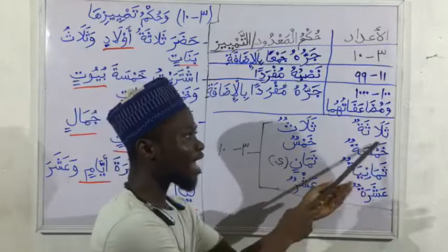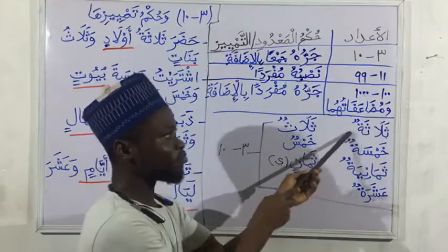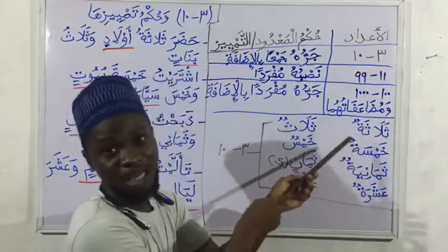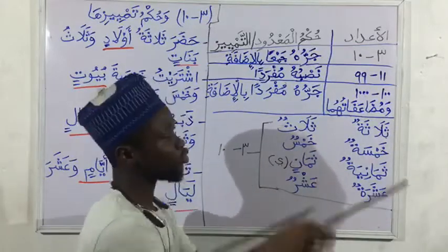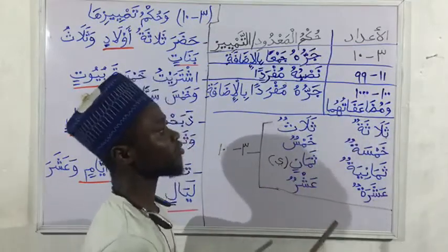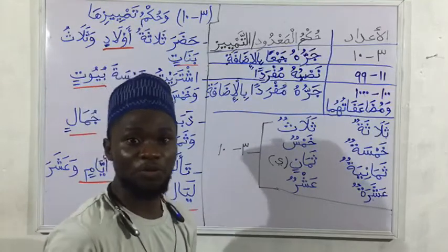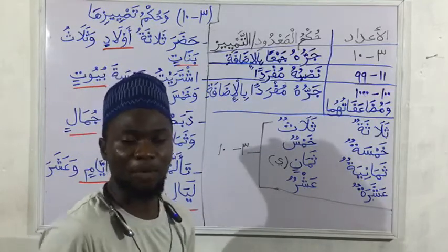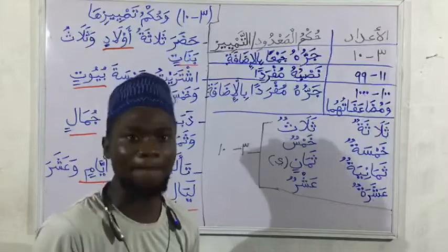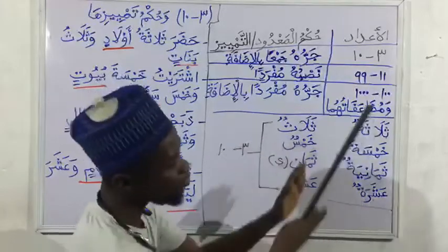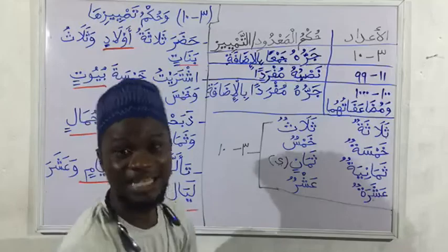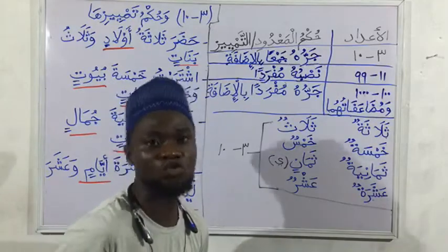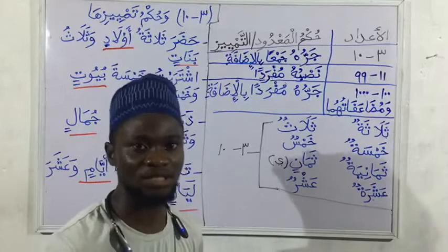So thalathatun, from the look of this word, you can see ta marbuta here, so you know this is a feminine noun. But we know it is feminine, but it is used to quantify masculine nouns. The numbers, this side that we are looking at, they are feminine, but they are used to quantify masculine nouns.